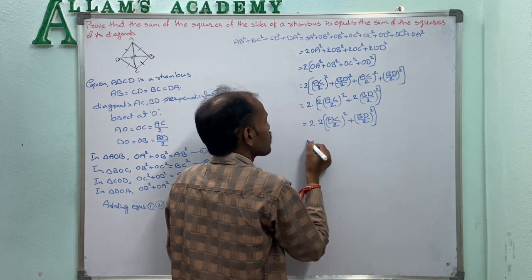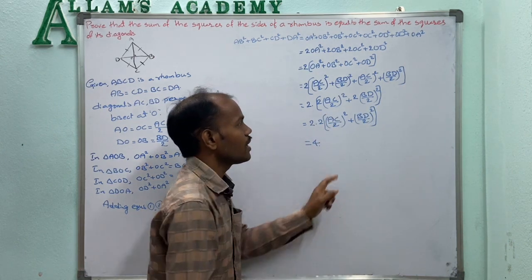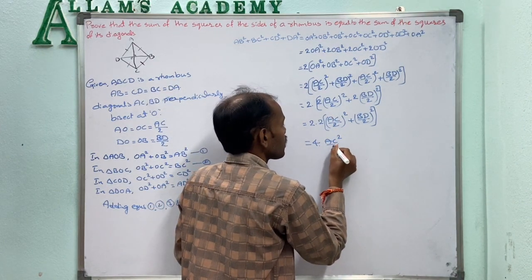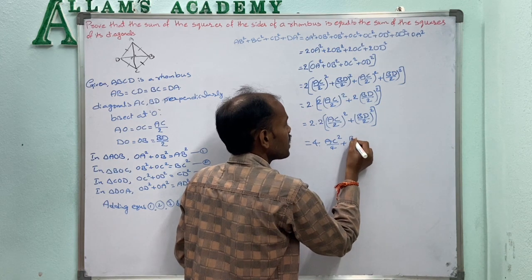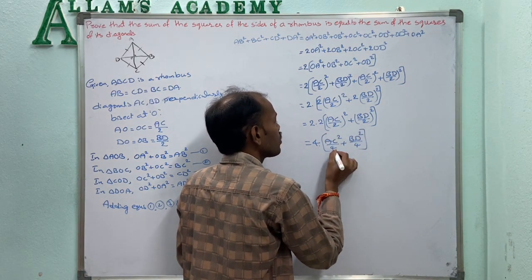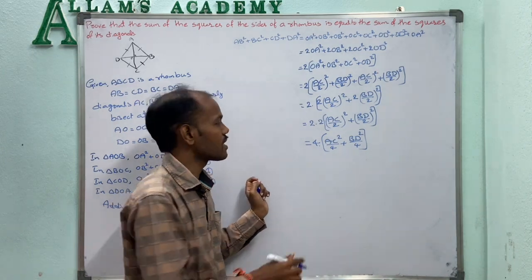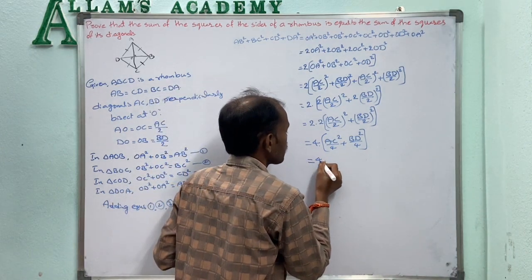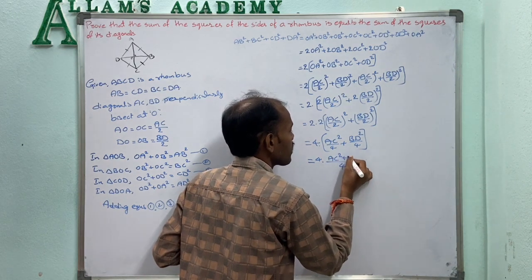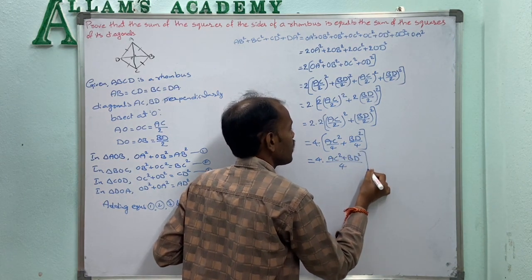So 2 2's are 4 into AC square by 4 plus BD square by 4. In this, 4 is the LCM, so taking 4 common, that is AC square plus BD square.